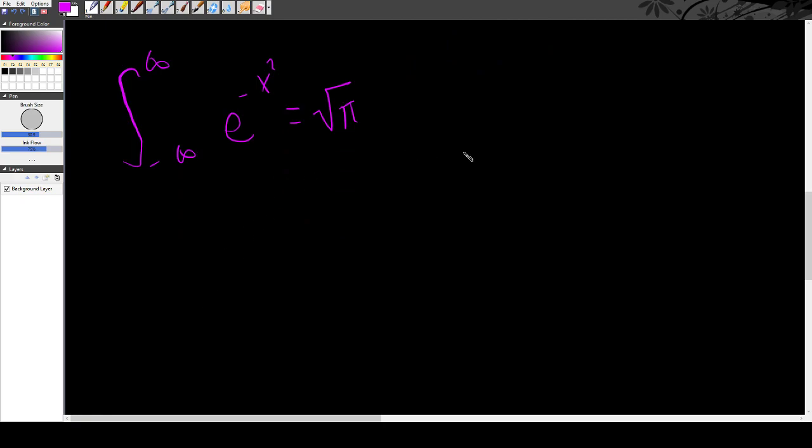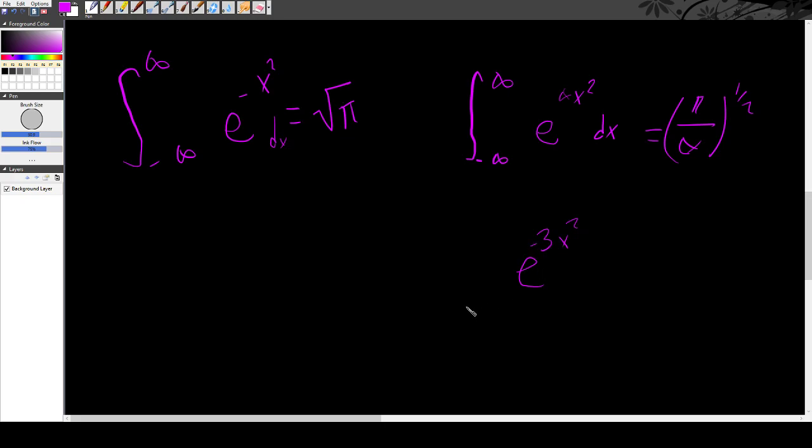Let me just rewrite the integral in a normal form: the integral of e to the negative alpha x squared dx equals, every time, depending on what alpha is, pi over alpha, to the 1/2. So let's say I have e to the negative 3x squared, evaluated from negative infinity to infinity. My answer is just pi over 3 to the 1/2 every time. Stuff like that.